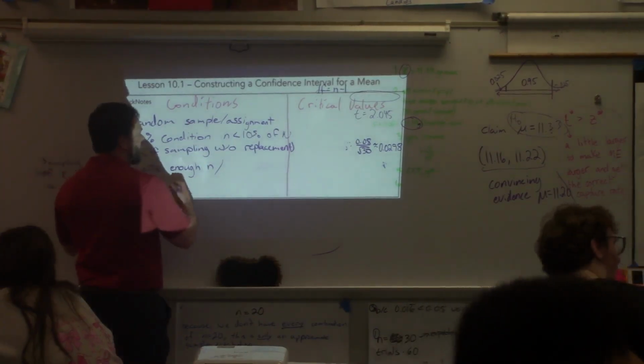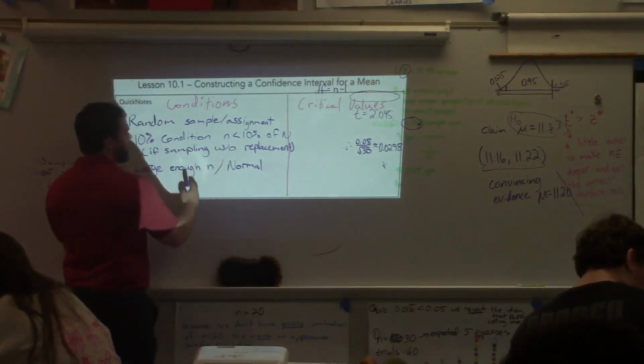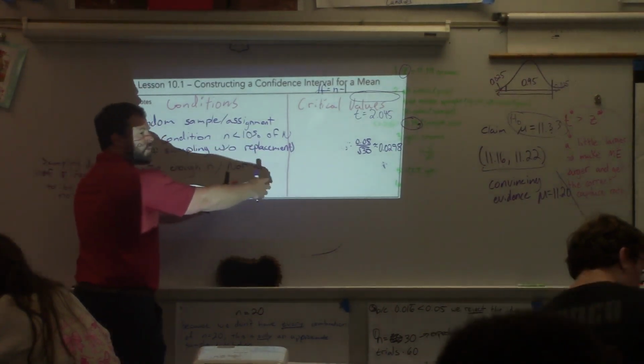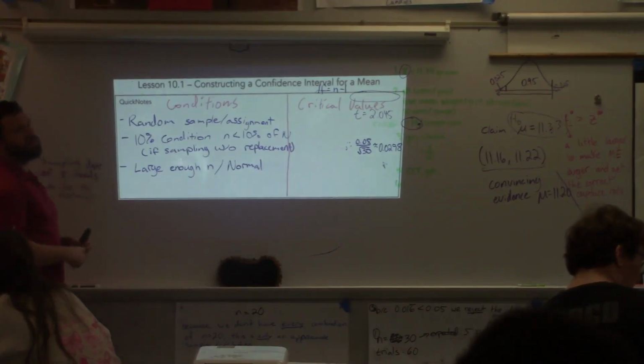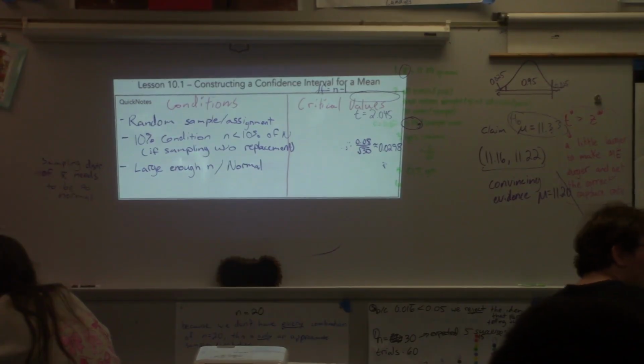So this is usually called the large or normal condition. If the sample size is large enough, or if the population was approximately normal, the sampling distribution is approximately normal. There's the central limit theorem.